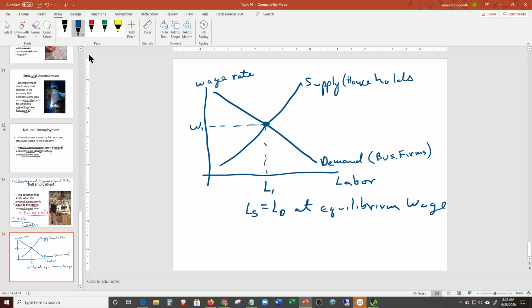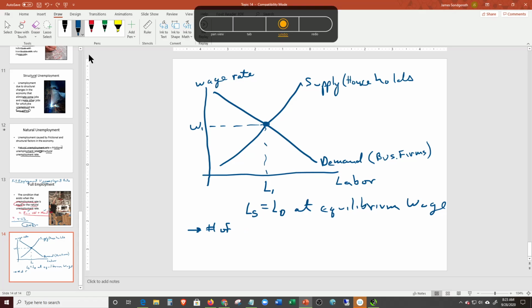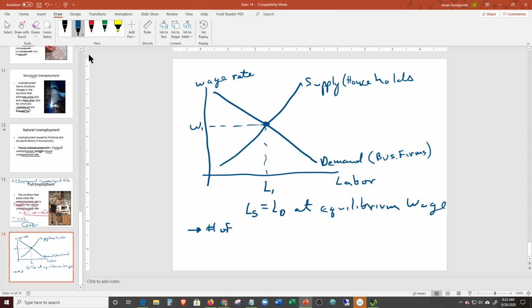All right. But we don't have data on that. So again, but we do have data on this. We do have the number of unemployed.